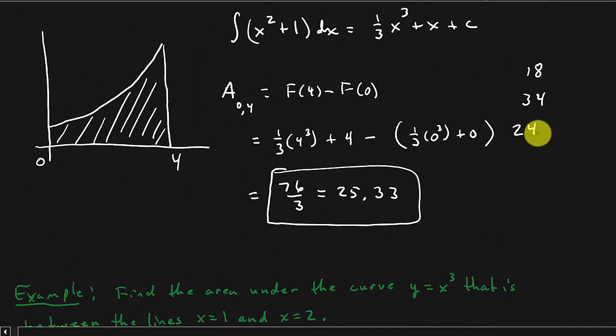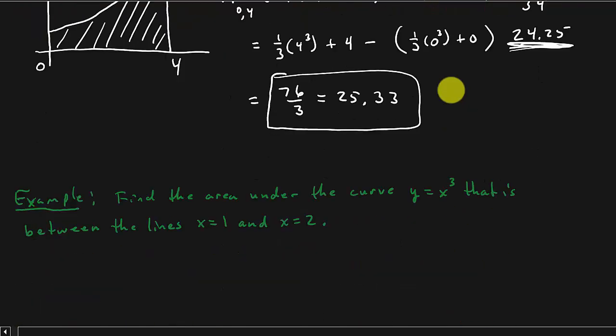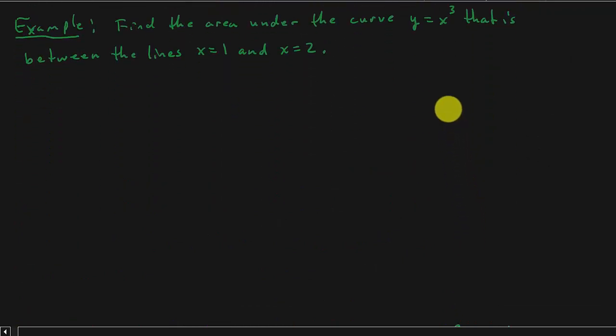So you can see using the midpoints was closer to the actual area. So this right here is the exact area under the curve, 25.3333.